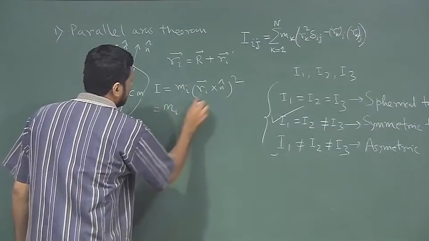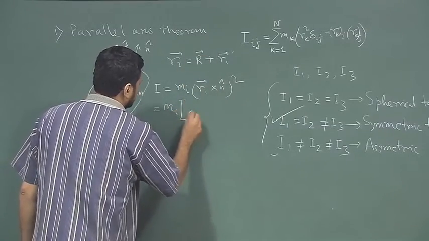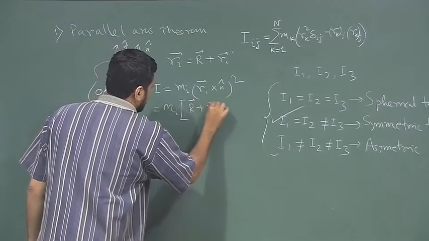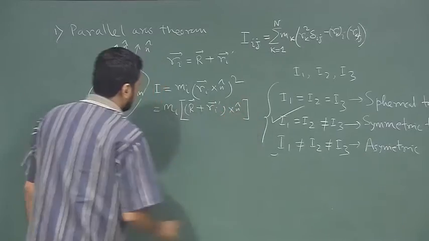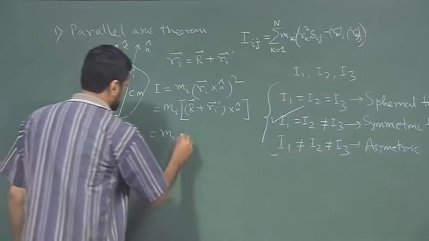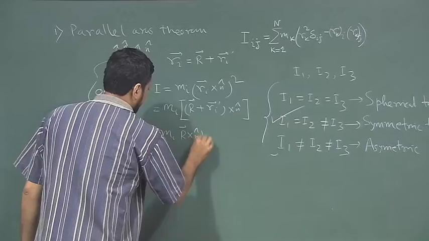Breaking it up by putting r_i equal to this, it will be m_i |(r plus r_i prime) cross n capped|^2.